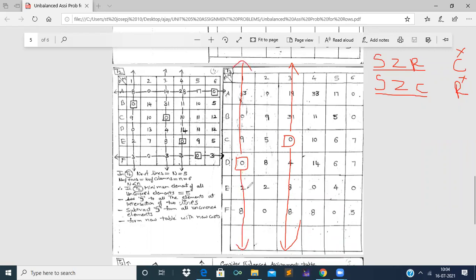Next, still we are in single zero row search. The fifth row is containing 2 zeros and sixth row is also containing 2 zeros. Therefore, don't disturb this fifth row and sixth row. Now first single zero columns.